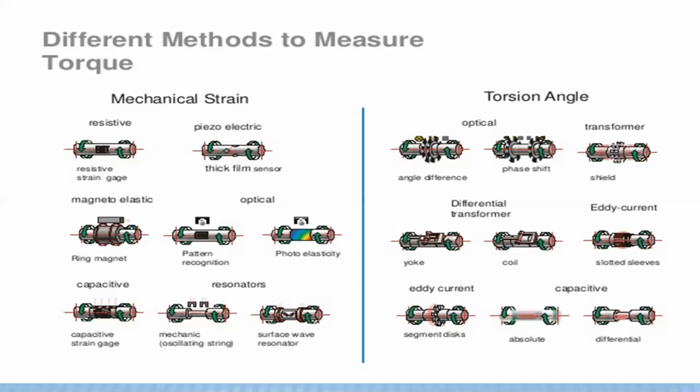And the torsion angle, that is angle difference, phase shift, shield, yoke, coil, slotted sleeves, eddy current, eddy current segment discs, capacitive absolute and differential. These also calculate the torque by using different optical measuring, transformers, differential transformer and eddy currents. These are all torque measuring instruments.